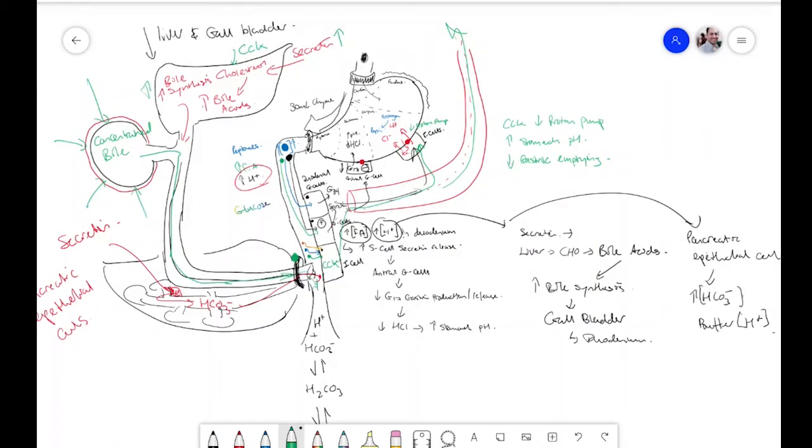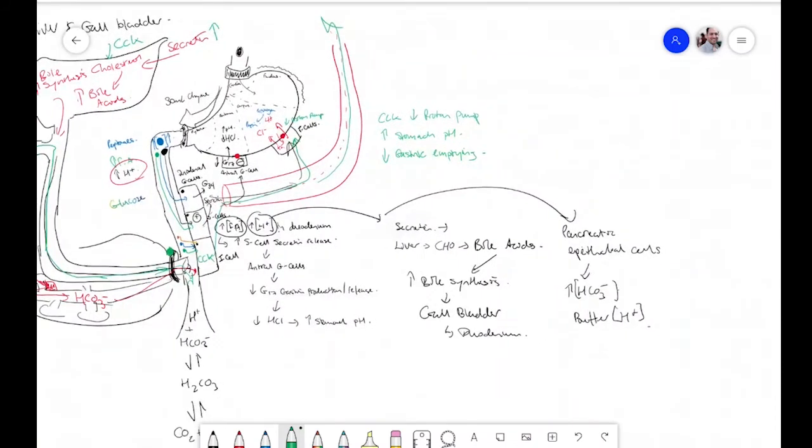So CCK, what does it do? It decreases proton pumping activity, increases the stomach pH, decreases gastric emptying.